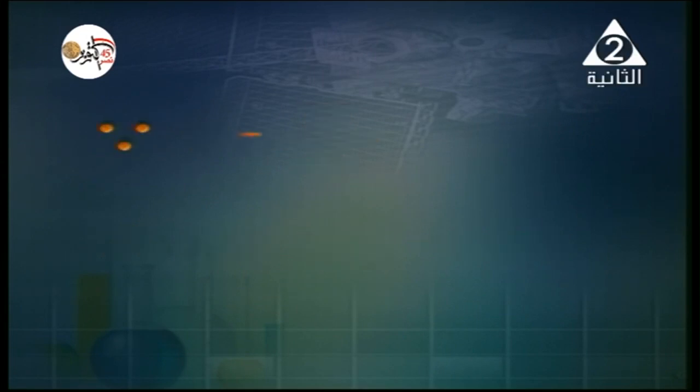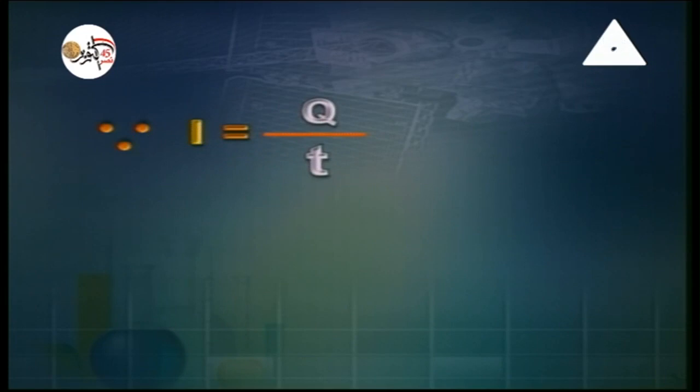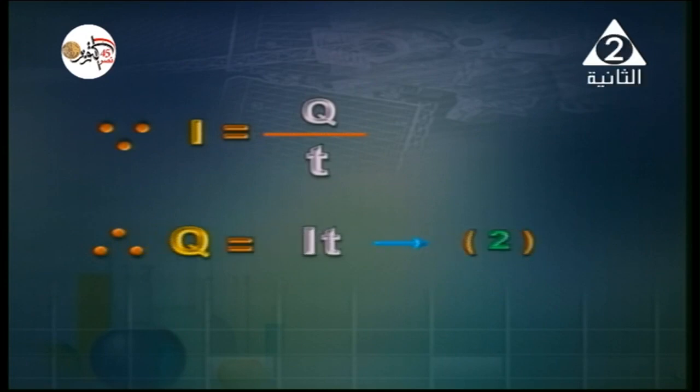Since current intensity is determined from the expression I equals Q over T, where Q is the quantity of electricity and T is the time, it is the quantity that passes through a conductor in 1 second. So Q, which is the amount of charge, is equal to the product of current intensity and time. This is the second equation.